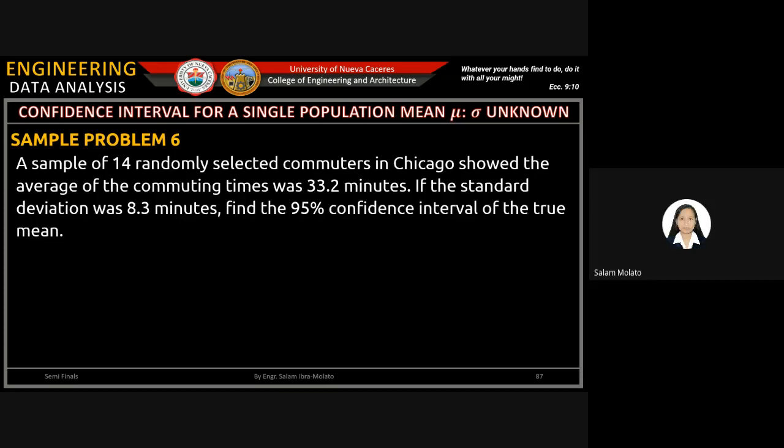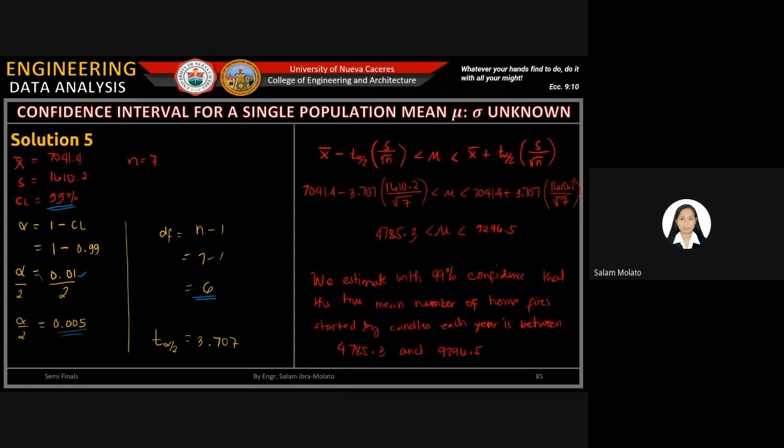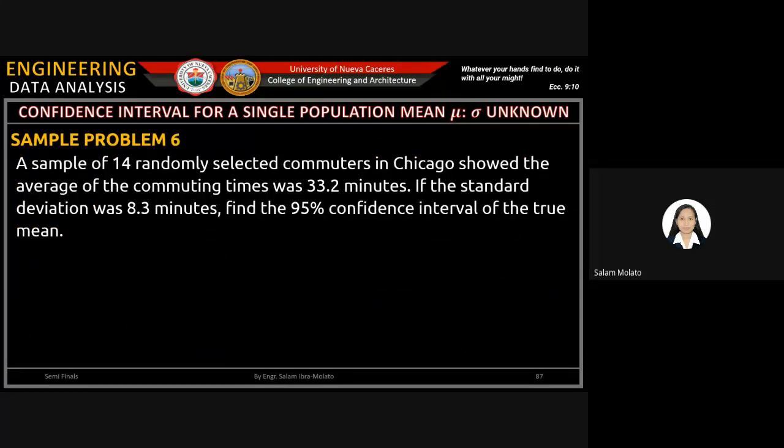Kanina we identified that n is 7, so obviously t yung gagamitin natin. Here naman, yung n natin is 14, so that is less than 30, right? Kapag less than 30, t distribution ang gagamitin, not the z. Always remember that.